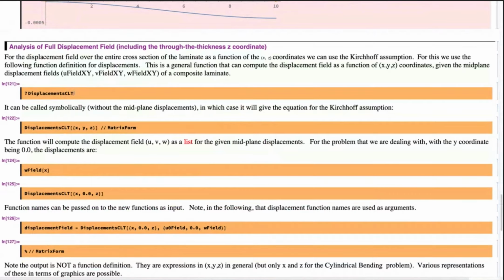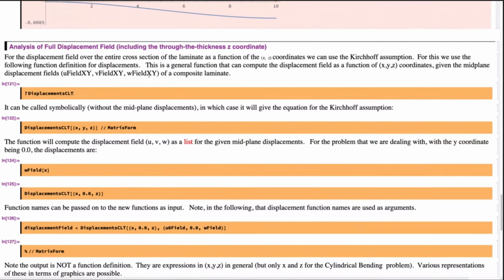So I wrote a little module on the composites called displacement CLT. This is by using the classical lamination theory. It will do something by going from in-plane displacement assumptions to three-dimensional displacements. That is, you know that so far everything is the mid-plane displacements. But this laminate has a thickness.